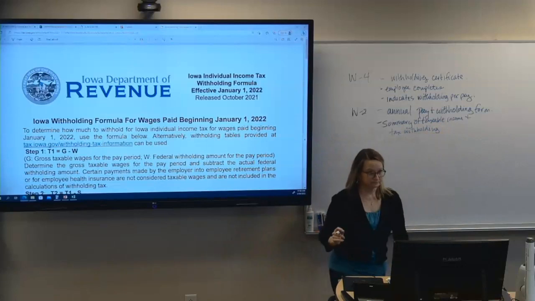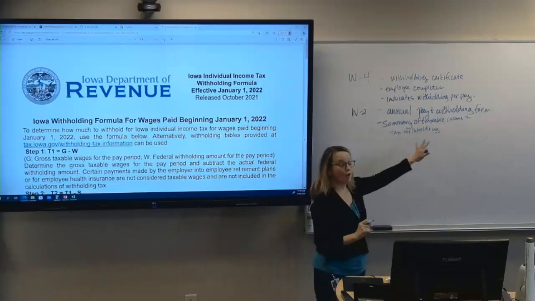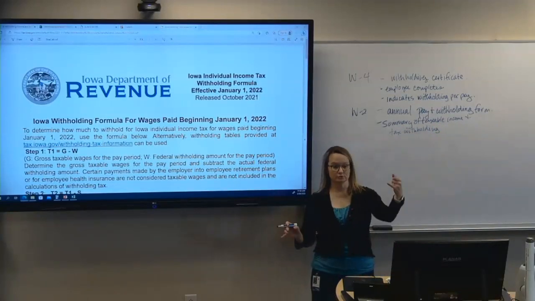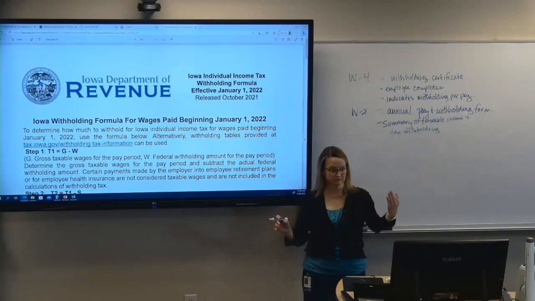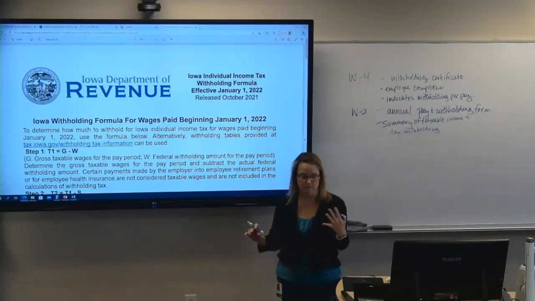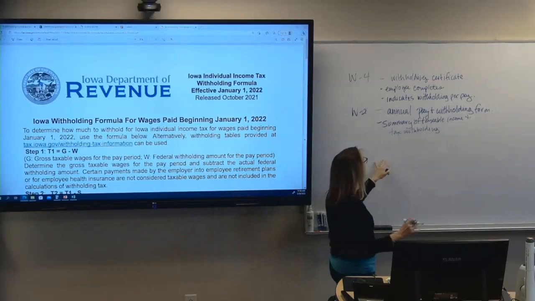And that's all the taxes. So Social Security tax, Medicare tax, federal income tax, state income tax, local taxes, all of that stuff.